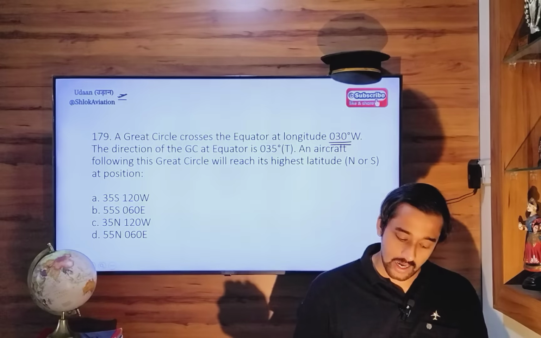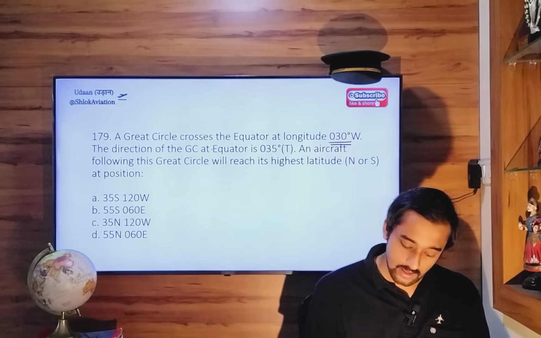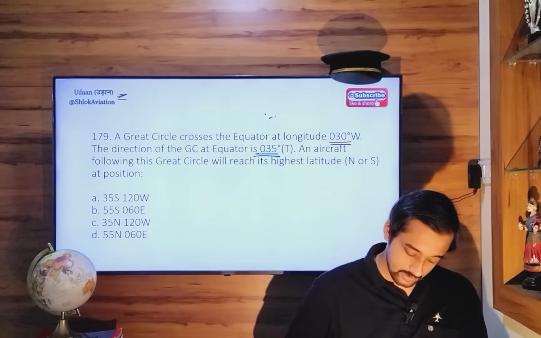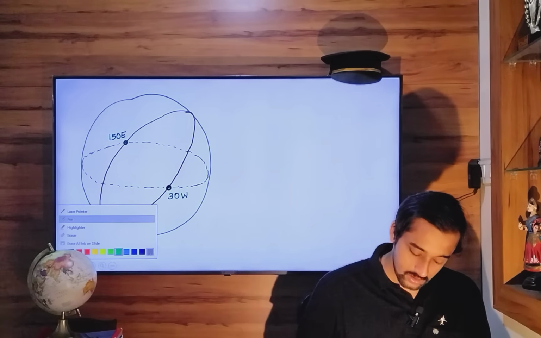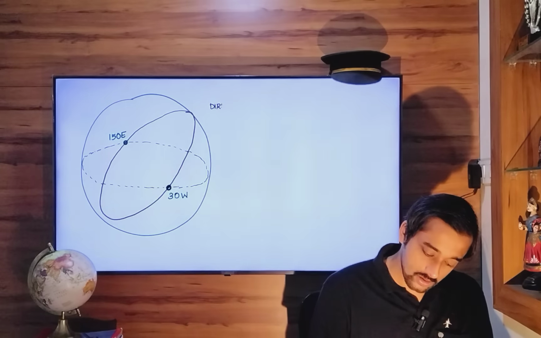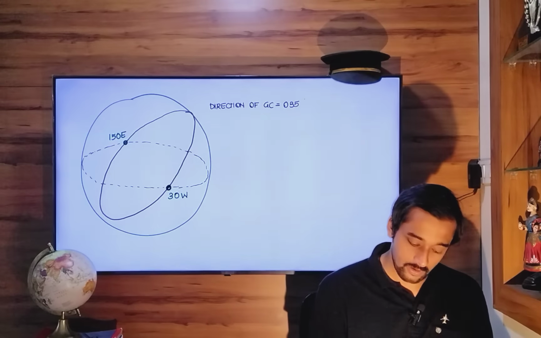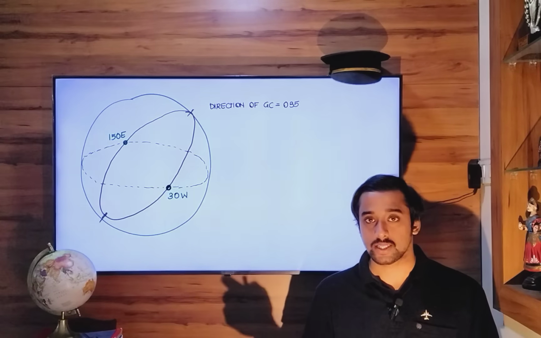Next thing they say, the direction of the great circle at the equator is 035. Now remember, this is the northern vertex, this is the southern vertex.